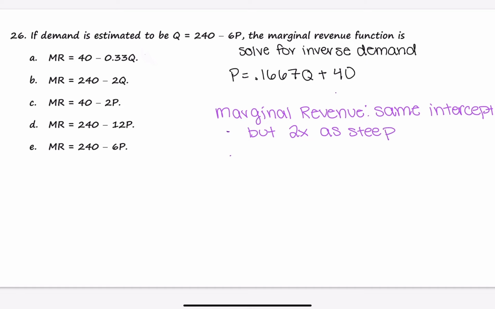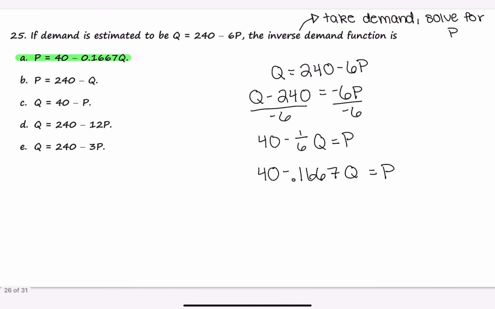So it's going to be marginal revenue equals negative 0.333 Q plus 40. And that is entirely my fault. I missed the negative up there. So we have A. And this came from this slide. I just forgot the negative and I moved it around.